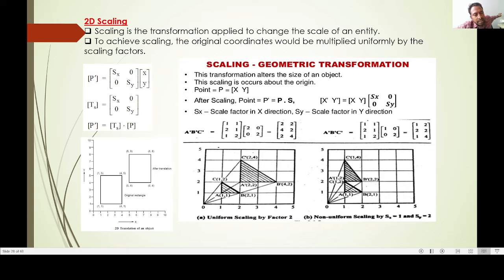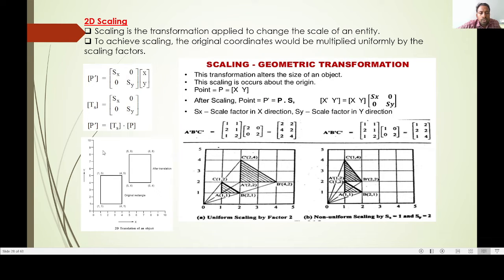So here the rectangle is there. The rectangle has 4 points, (1, 1), (4, 1), (4, 5) and (1, 5). That is the original rectangle. After scaling the points in the x direction by 4 units and the y direction by 3 units, the final points can be arrived at as 1 plus 4 is 5, 1 plus 3 is 4. Similarly, we need to find out those points A, B, C and D.